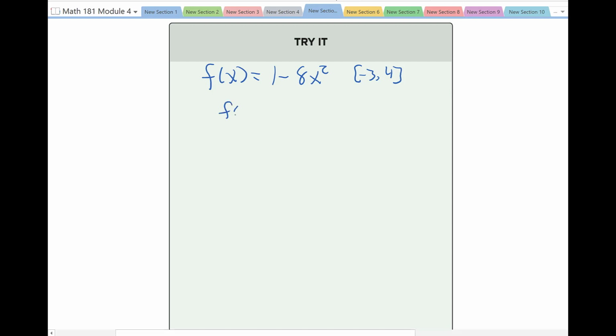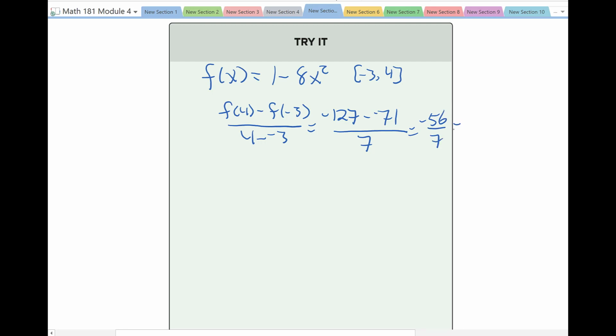So we're going to look at f of 4 minus f of negative 3 over 4 minus negative 3. So f of 4 is negative 127, minus f of negative 3, which is negative 71, all over 7. So that's negative 56 over 7, so I get negative 8.